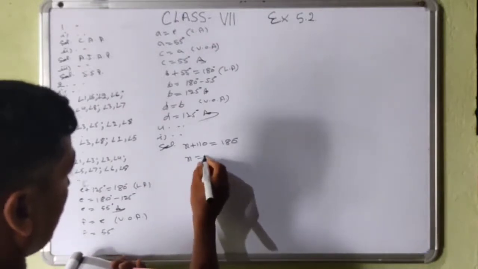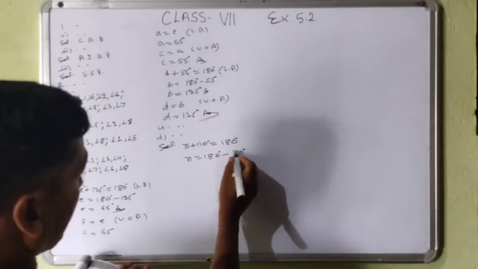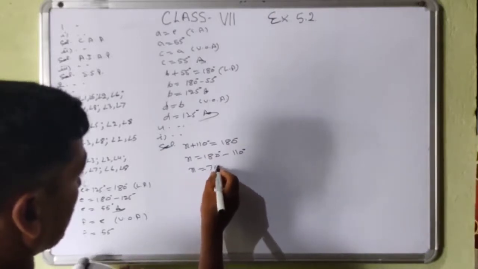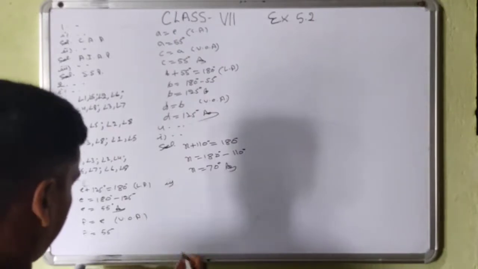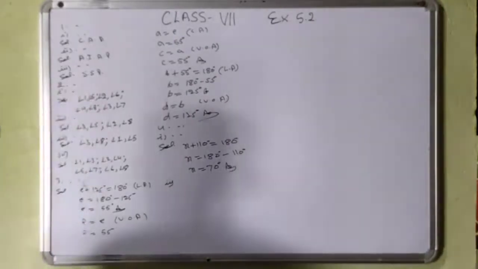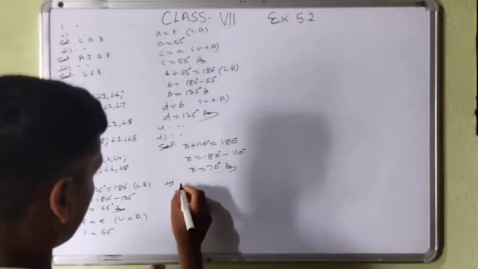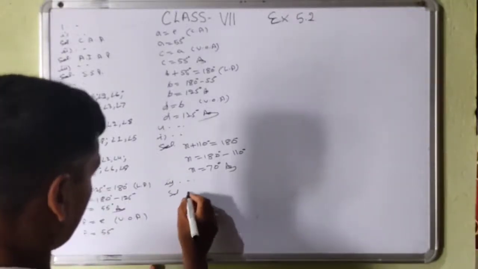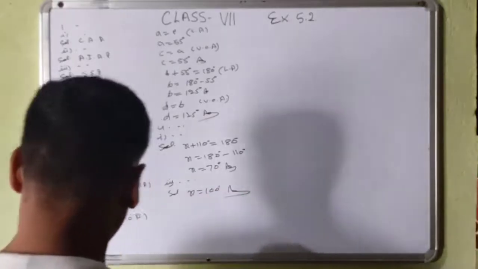So x is equal to 180 degrees minus 110. So x is equal to 70 degrees. This is the answer. Second part, x is equal to 100 degrees. This is also the answer.